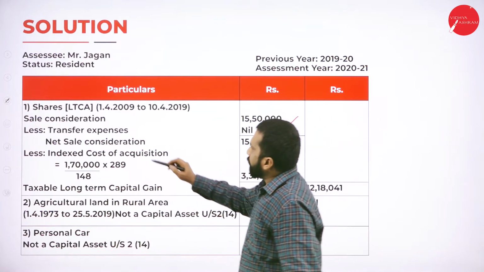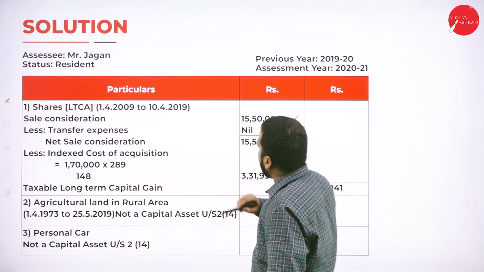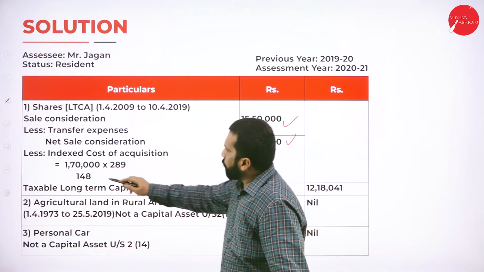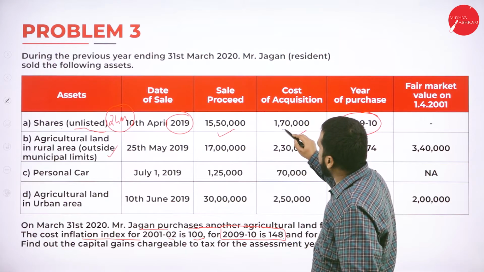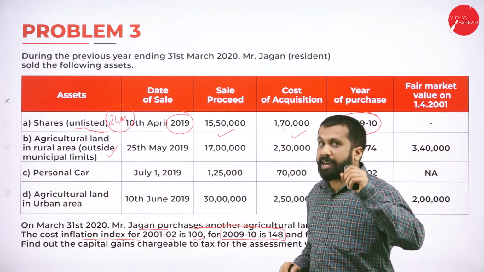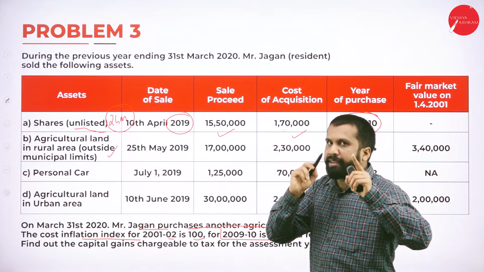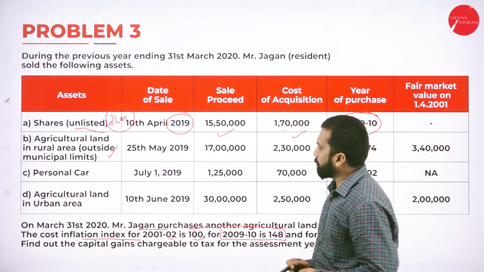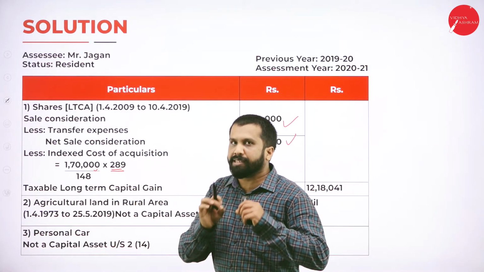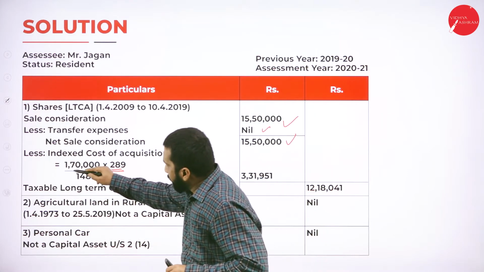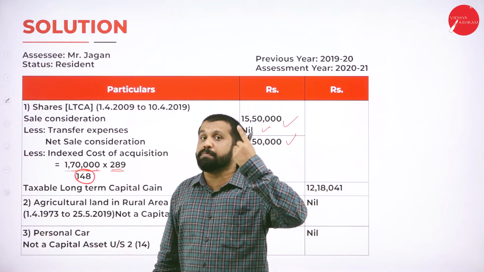Then your net sale consideration less indexed cost of acquisition. 1,70,000 was your cost, multiplied by, as I told you, the common number. What is that? 289, that is fixed and common. Then divided by the index of the year when it was purchased.